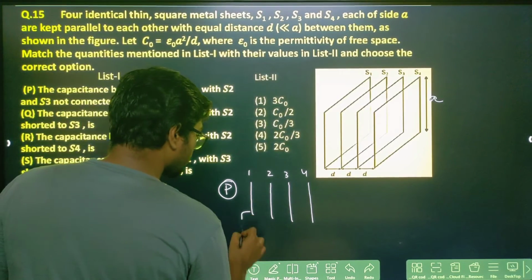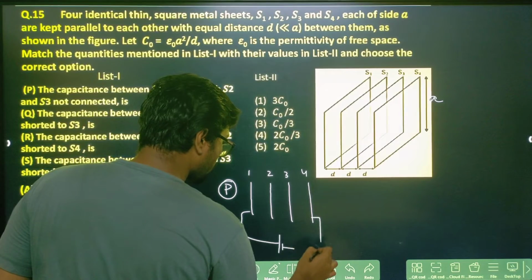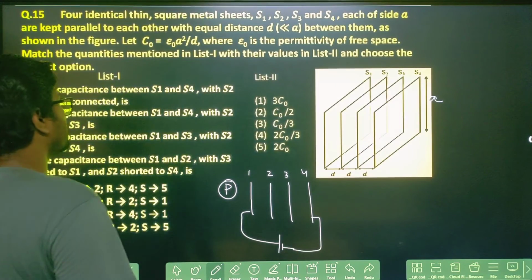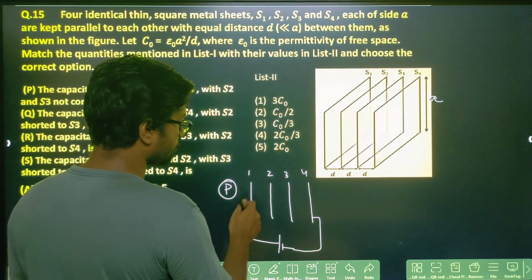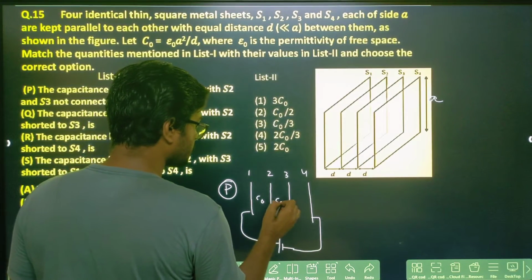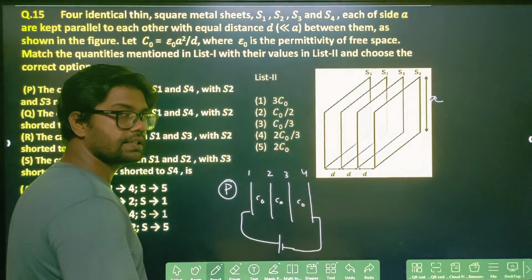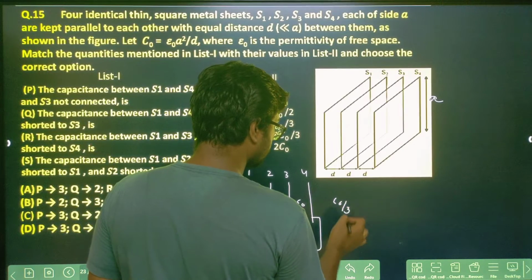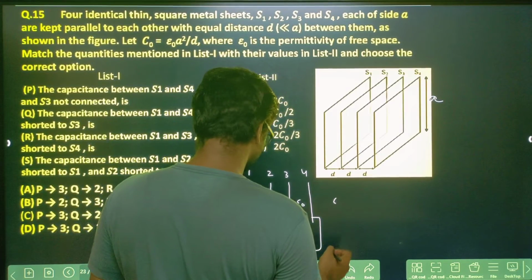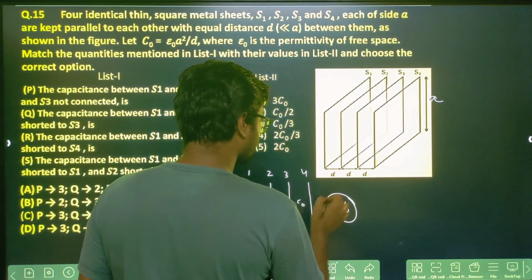Connect S1 and S4 to a battery, with S2 and S3 not connected. So here there is one capacitor C0, this is C0, this is C0. All three are in series, so the equivalent will be C0 divided by 3.